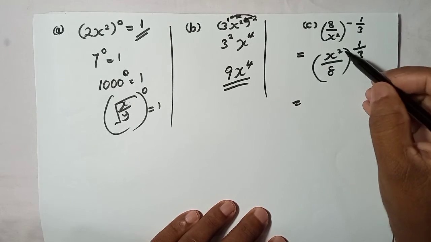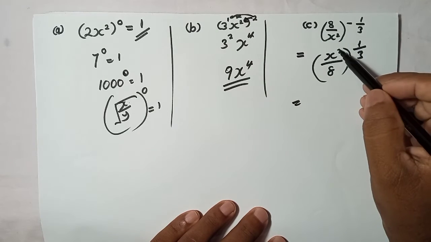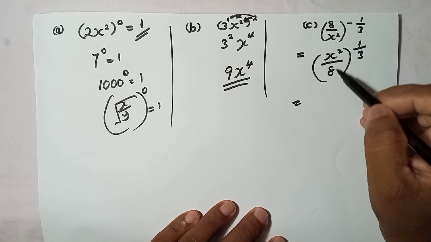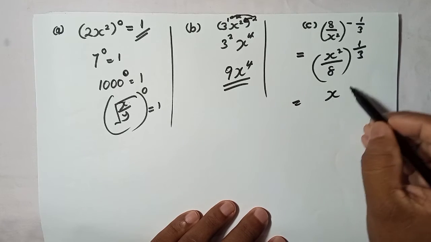Now what you need to do is multiply by this index, and not only that, you can multiply this also. Here the index is 1, but I can write it like this.